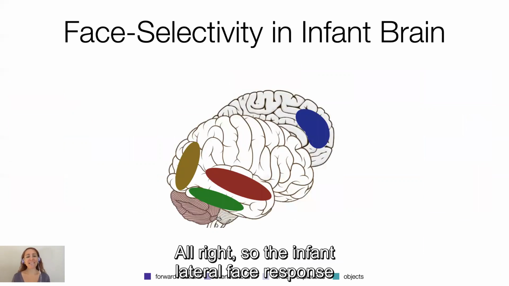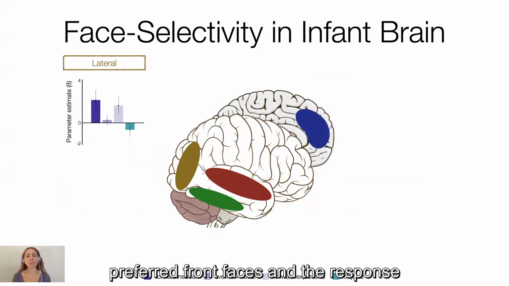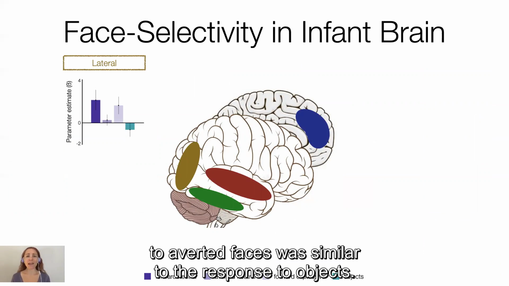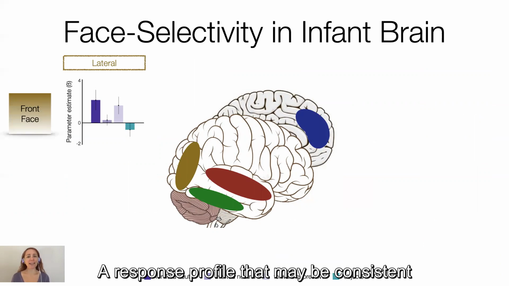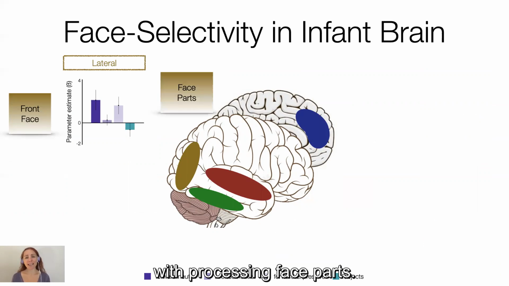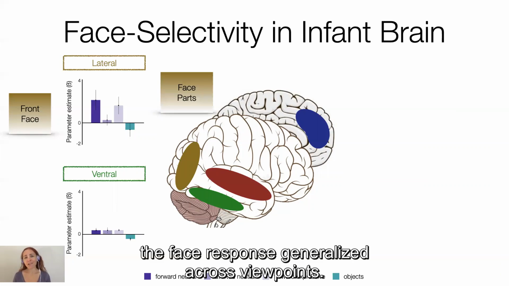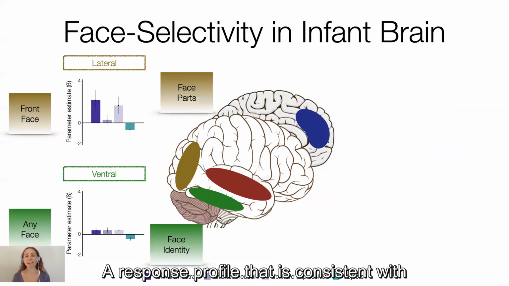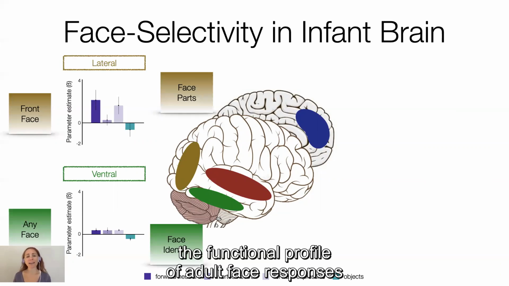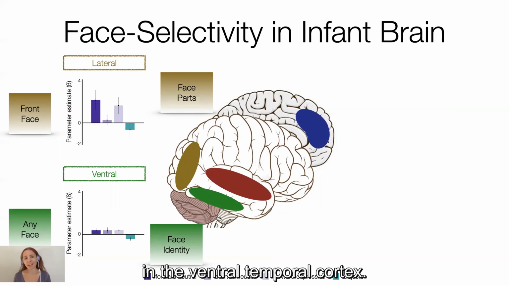All right, so the infant lateral face response preferred front faces, and the response to averted faces was similar to the response to objects, a response profile that may be consistent with processing face parts. In ventral-temporal cortex, the face response generalized across viewpoints, a response profile that is consistent with the functional profile of adult face responses in the ventral-temporal cortex.